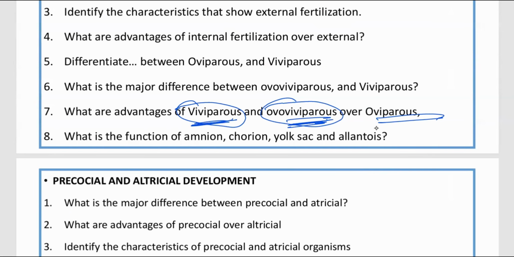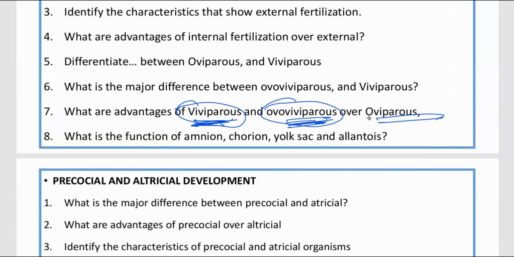So when you have development inside, both of them, over the development which is outside, we shall see that for the one which is outside, the chances of this embryo to develop are minimal because it's being exposed to predators. While for the one which developed from inside, the chances of the embryo to develop are higher, because to get that baby which is developing, you have to first kill the mother, who is stronger and can also fight back.